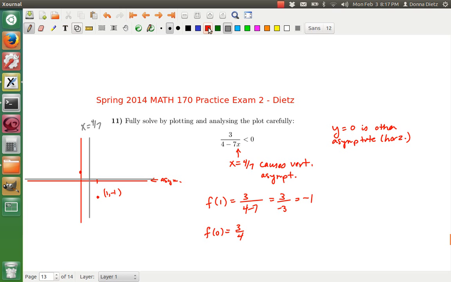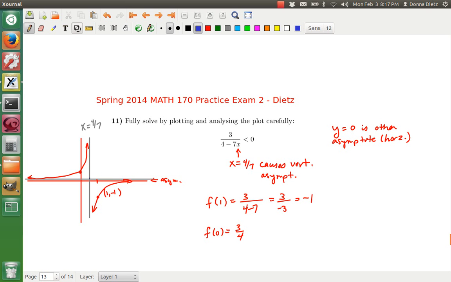Alright, so let's try drawing a function like that and like that. This is not the prettiest picture, I apologize. But there you go. That is what you need. So now the question is, where is this function less than 0?